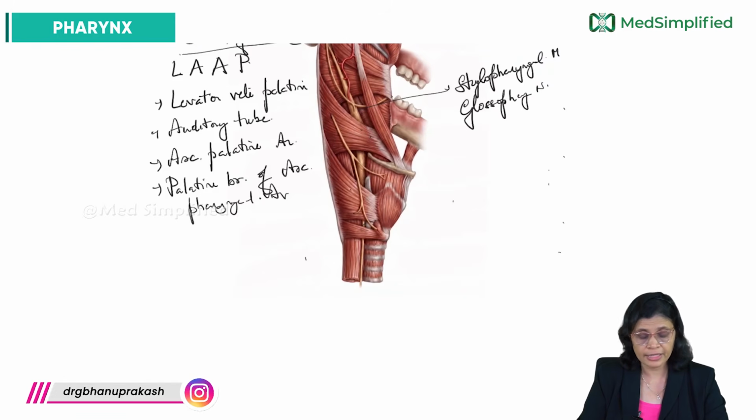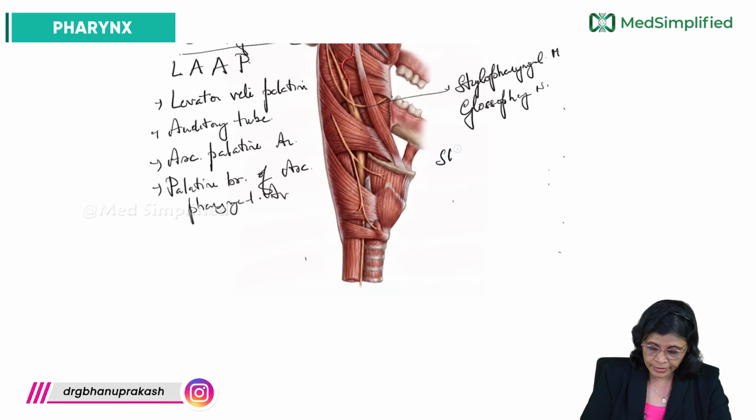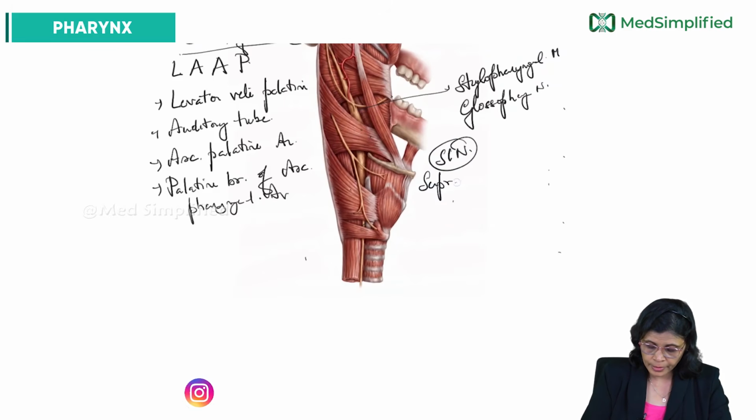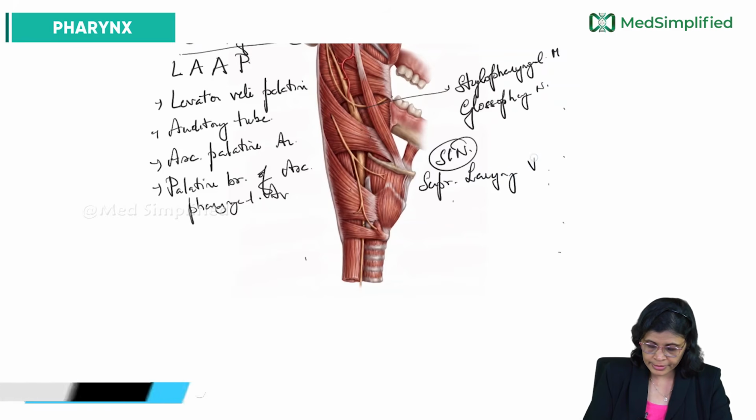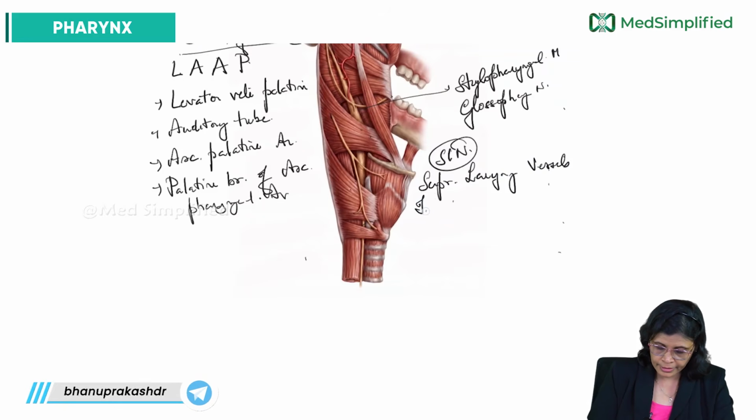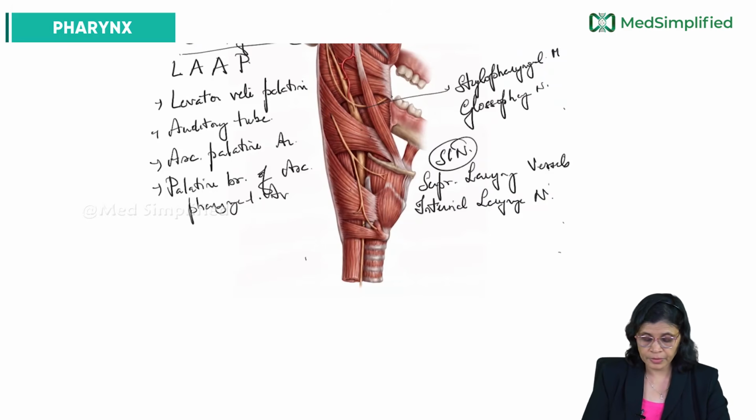Between the middle constrictor and the inferior constrictor, we have SIN, that is the superior laryngeal vessels and the internal laryngeal nerve. So that passes between the middle and the inferior constrictor.